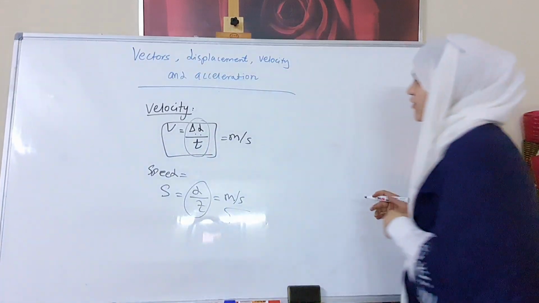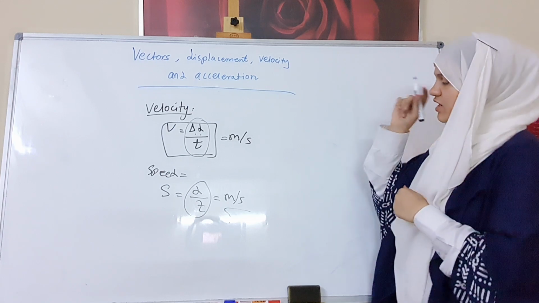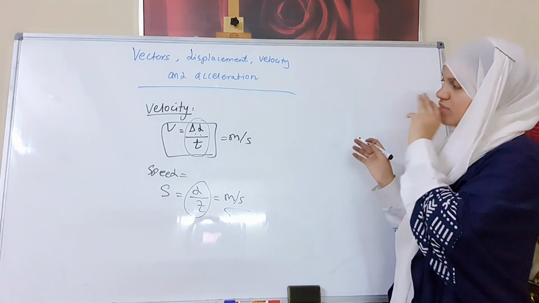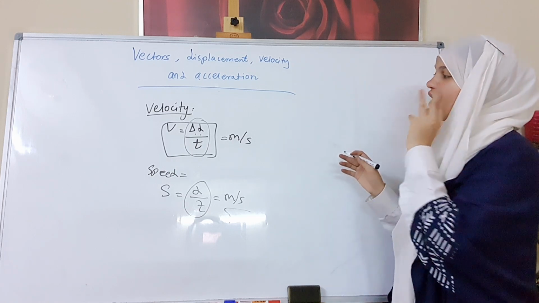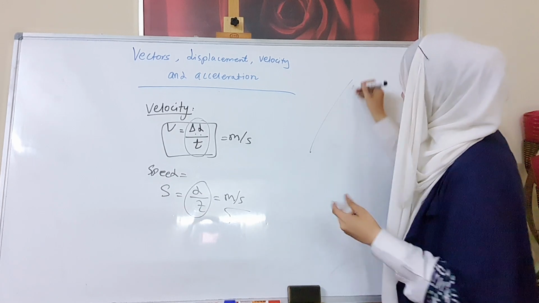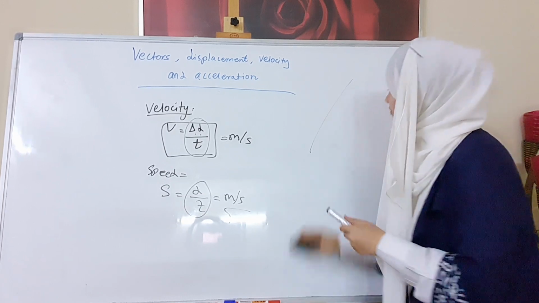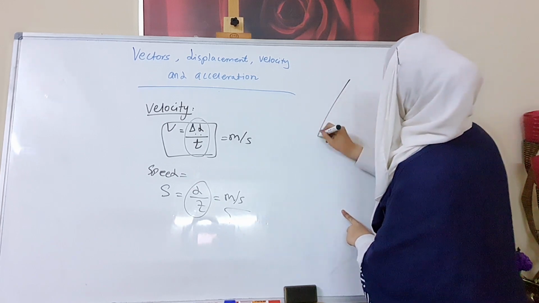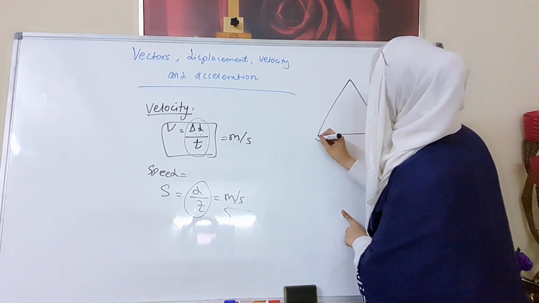Okay? So right now, if we have distance and we don't have time, but we have velocity, how could we find time? By using the formula triangle, we will easily get every quantity here.